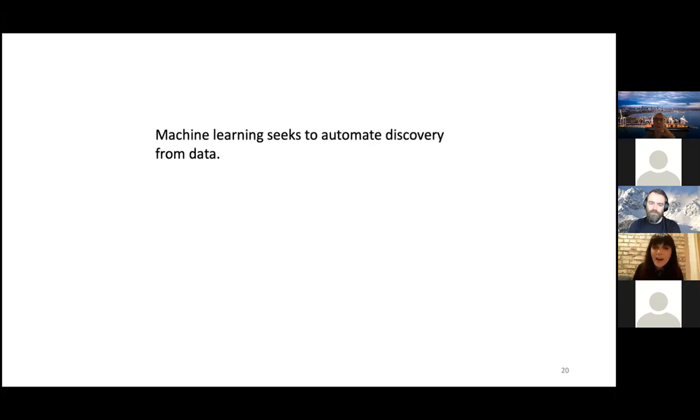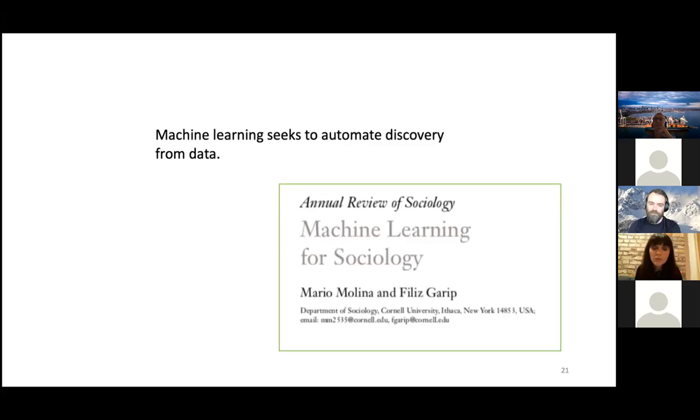So, maybe I don't need to go over this, but machine learning obviously seeks to automate discovery from data. In older intelligent systems, the way you built those systems was trying to think of all the contingencies, all the outputs for associated inputs, and you hard-coded these decisions. But now we let the data actually discover some of these relationships.